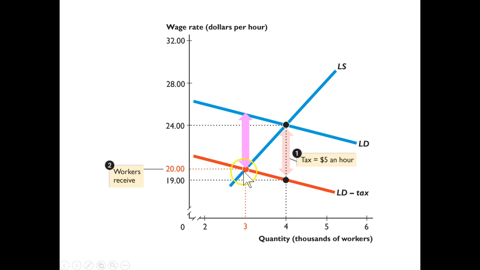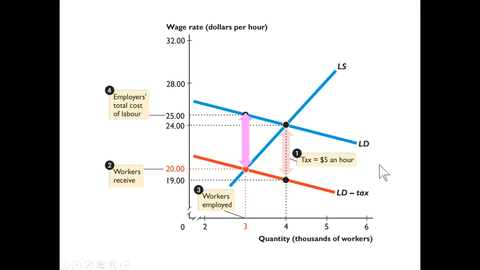And the workers receive the wage of $20 with 3,000 workers employed. And the employers will have to pay, after tax, $25. Because it's the $20 plus the tax imposed on top that they will have to pay.